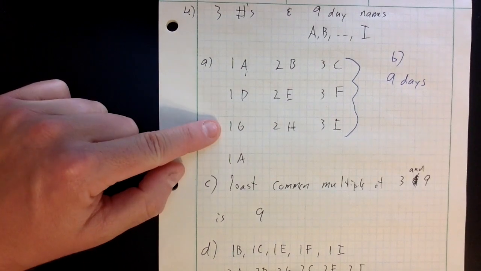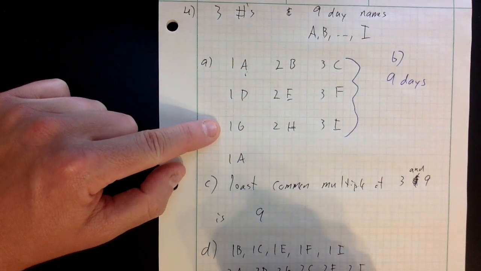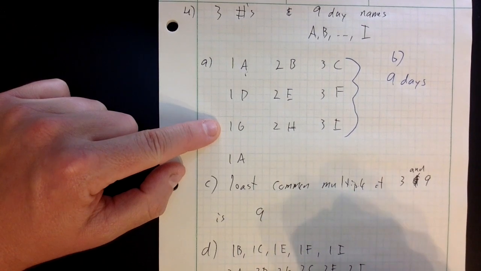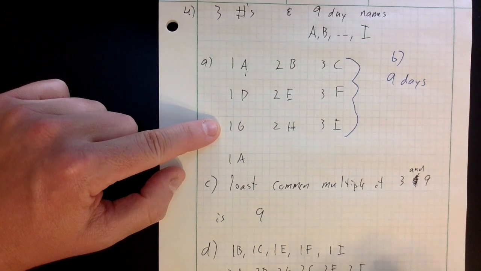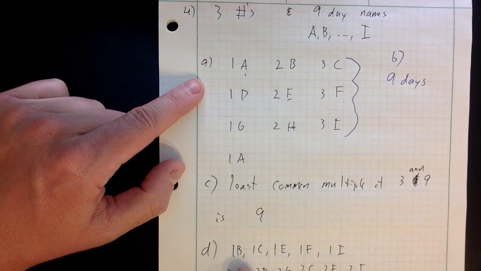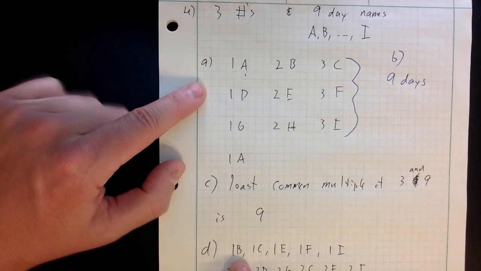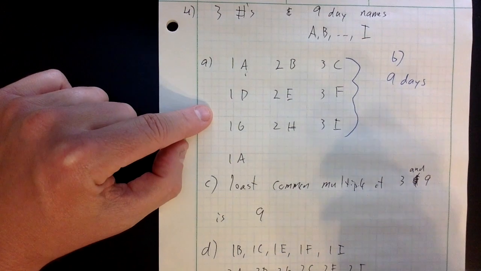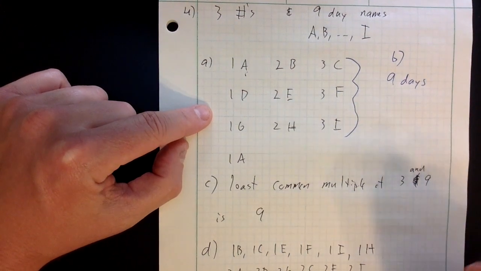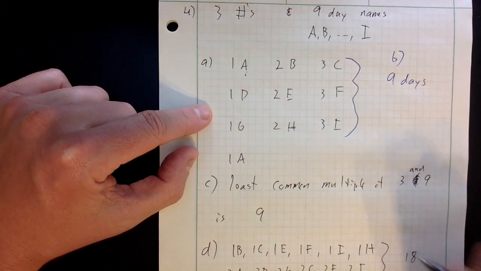And then if we look at 3, I've got 3A, 3B, 3C, 3D, 3E, 3F, and then G, H, I. So let's make sure: 1B, C, E, F, G, and 1H. So there'll be 18 over here.